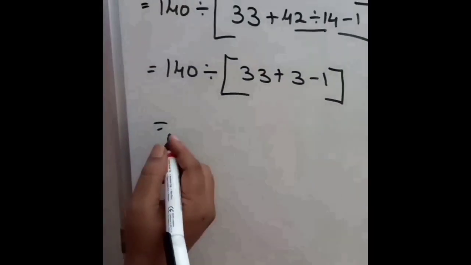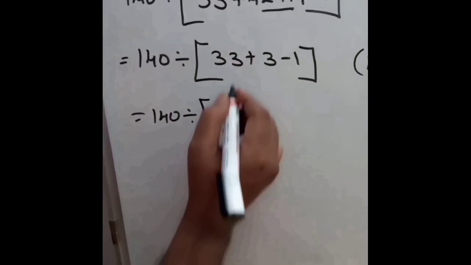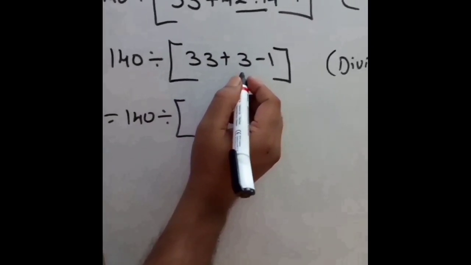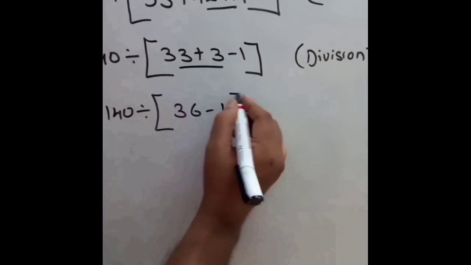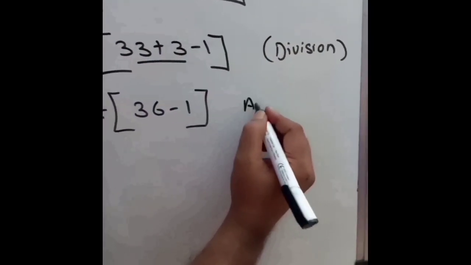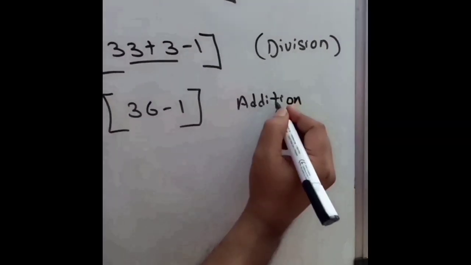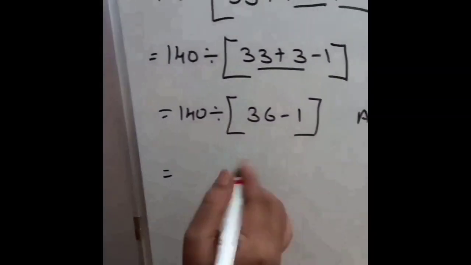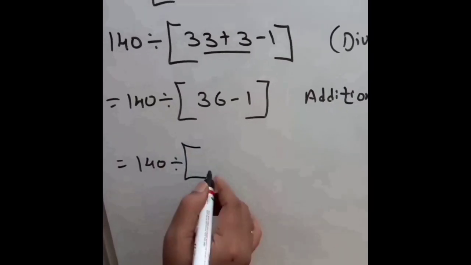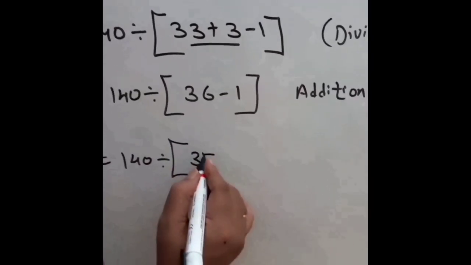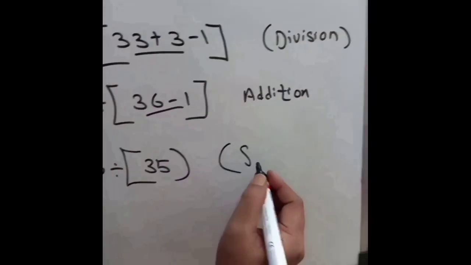Next, 140 divided by, in bracket, it's 33 plus 3, 36, minus 1. That is addition. Next, 140 divided by 36 minus 1, that is 35. Subtraction.